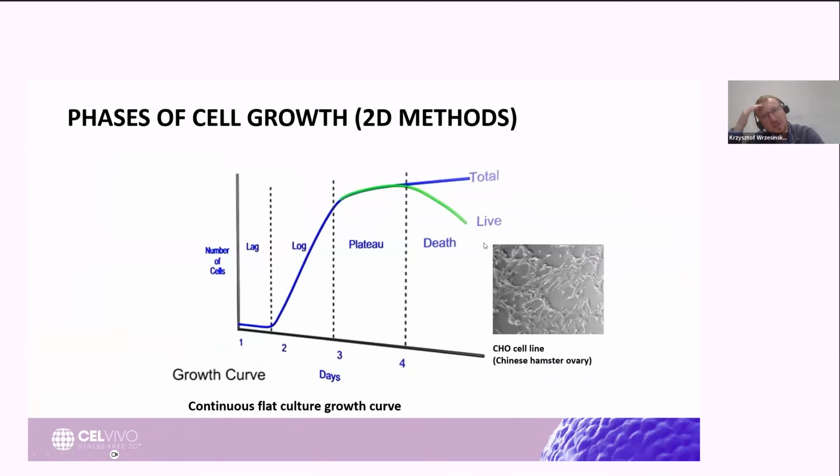Going a bit back to standard 2D-based methods, we all know this type of growth curve with a lag, log, plateau, and decline phase. From a physiological point of view, for most experiments, the plateau phase would be the most preferable to use.